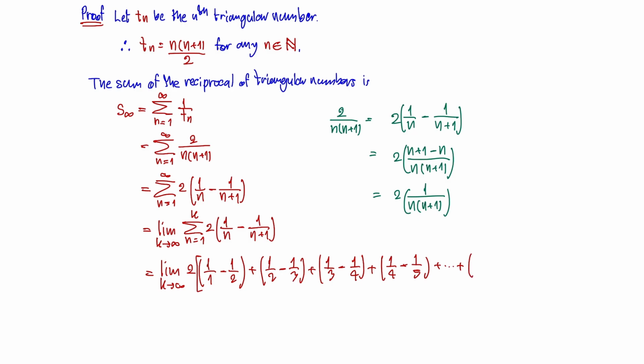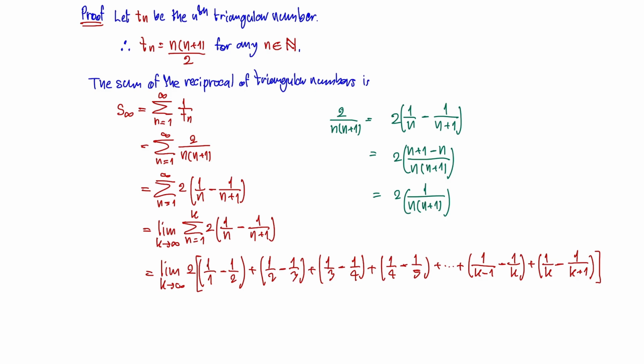which is, okay, we might start with the k minus 1 term, so it turns out to be 1 over k minus 1 minus 1 over k, since k minus 1 plus 1 is k. Plus the last term, you're going to have 1 over k minus 1 over k plus 1.